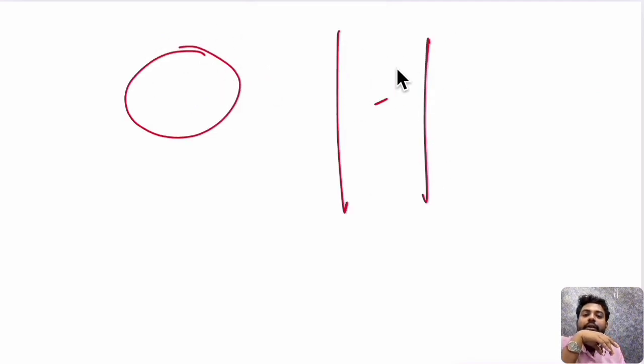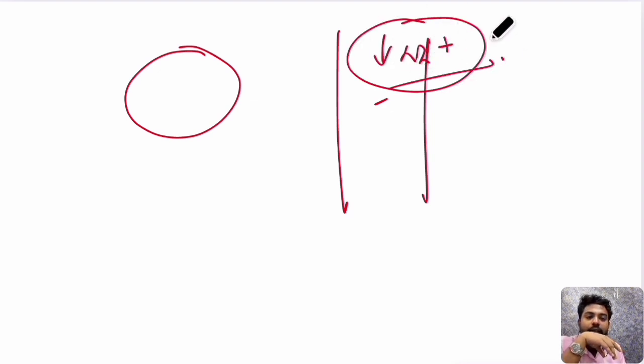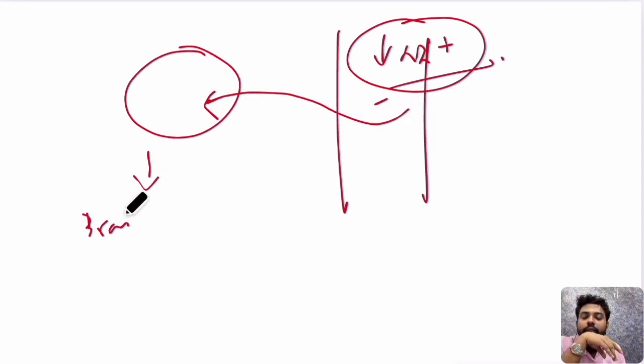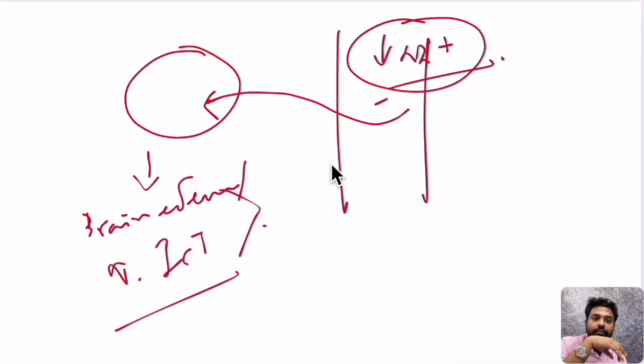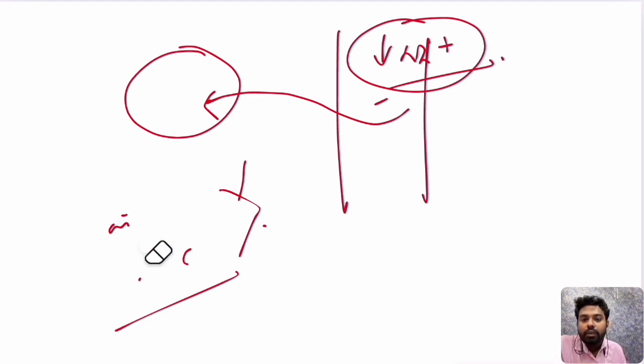In the first 48 hours the patient is acutely hyponatremic. What is happening? Water goes inside the cell. So this will lead to brain edema and increased ICT, cerebral edema.